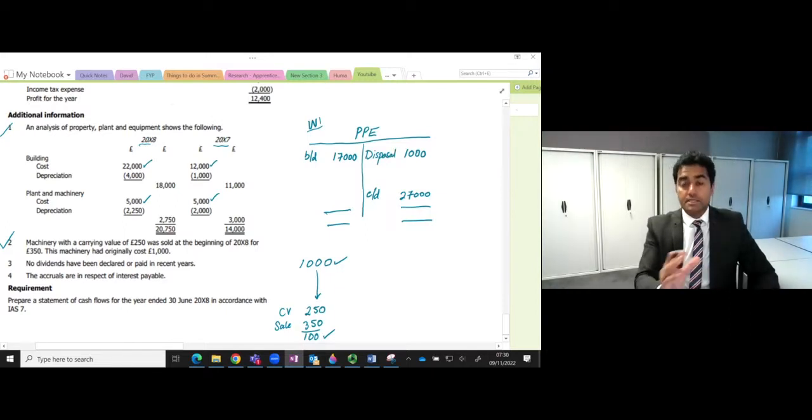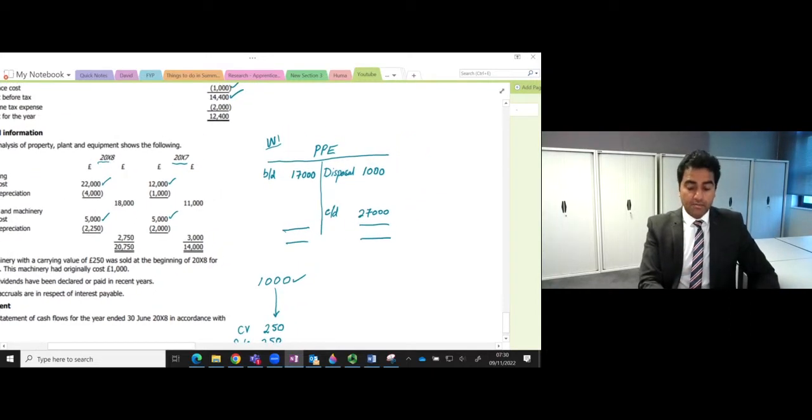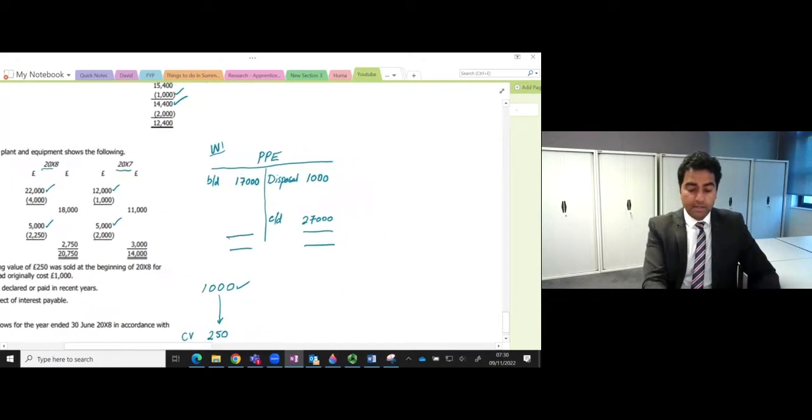And if you want to know the double entry of this £1,000 which has been recorded, then the double entry is disposal account is debit by £1,000, and the property, plant and equipment account is credited by £1,000.